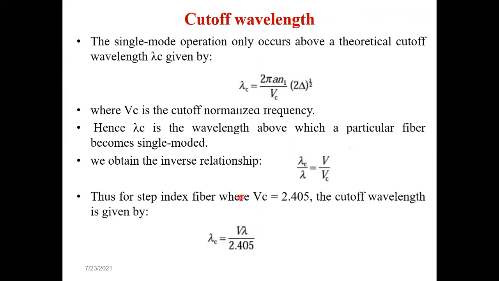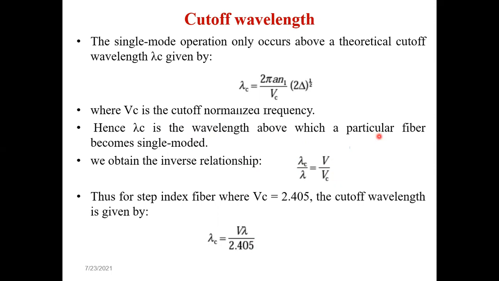We don't know what combinations will be given in the questions. Okay, so all these sentences will be present. So it's important for you to read the sentence. It's not just writing the formula. Why are we writing this particular formula? Because above a particular wavelength of operation, that fiber works as a single moded fiber.